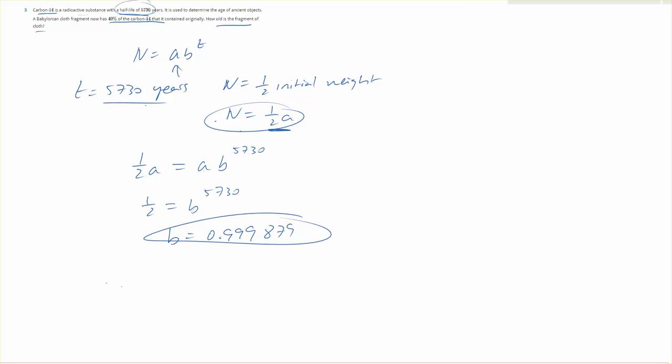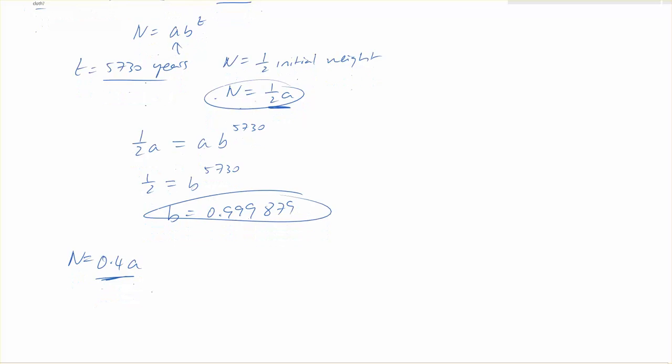So 40% of carbon-14 means 40% of its initial value, so 40% of a. That means we want to find the time when n equals 0.4a.